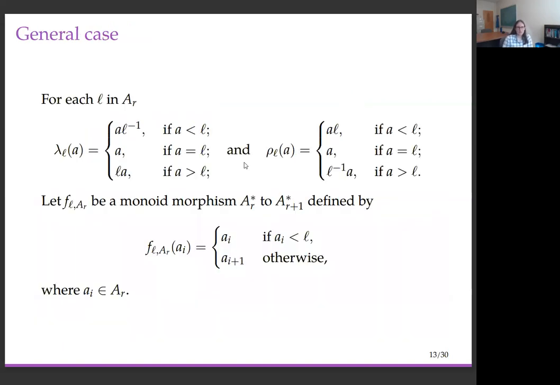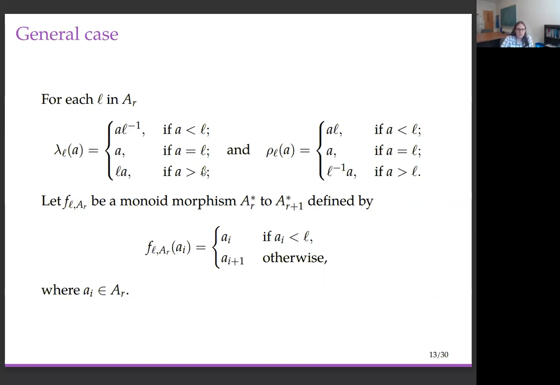So in the general case, if we have an alphabet A1 to AR with a natural order A1 smaller than A2 smaller than AR, you can define lambda of the letter A like this: if I have a letter smaller than A, I just put A in front of it. I send A to itself when A is my special letter.